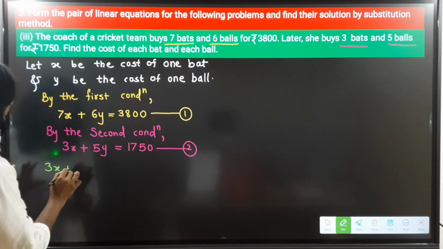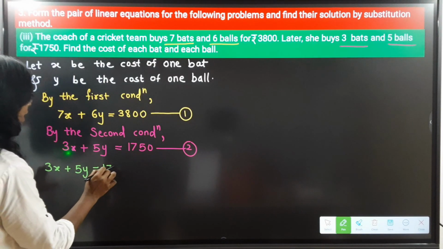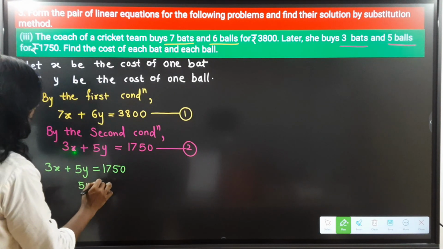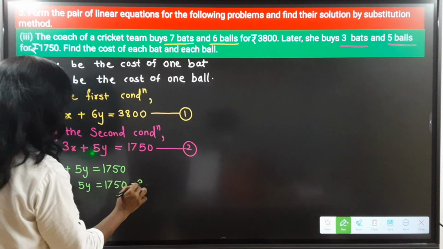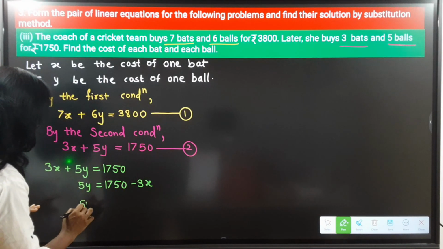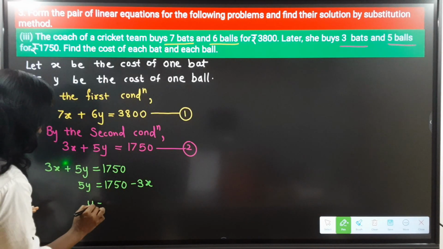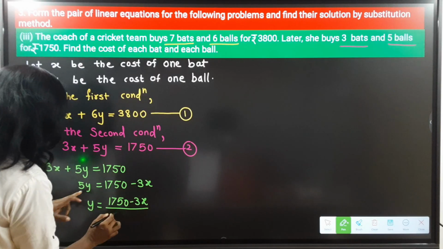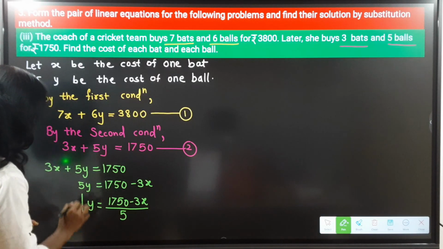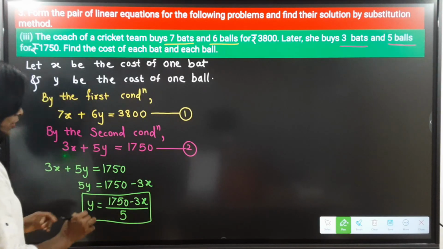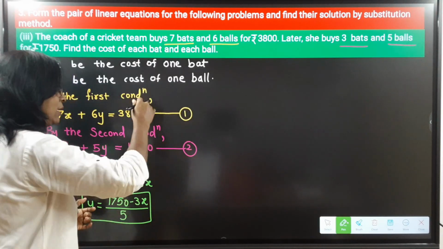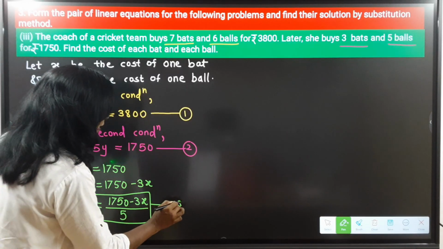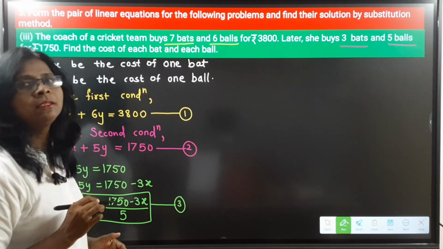So I write down the second equation, 3x plus 5y is equal to 1,750, and then 5y is equal to 1,750 minus 3x, which means y is equal to (1,750 minus 3x) upon 5. So this is the value of y, and we substitute this value in equation 1, students. This will be our new equation, which I call the third equation.